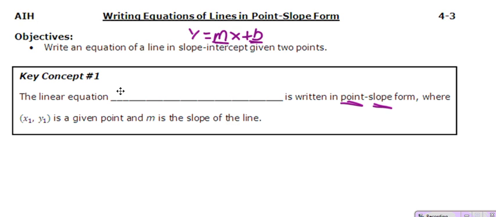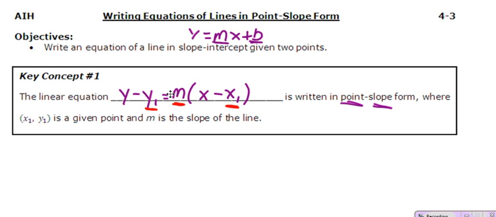Point-slope form, the linear equation, is written y minus y1 equals m times the quantity x minus x1. In point-slope form, there's three things that you fill in. You fill in the y1, the m, and the x1.